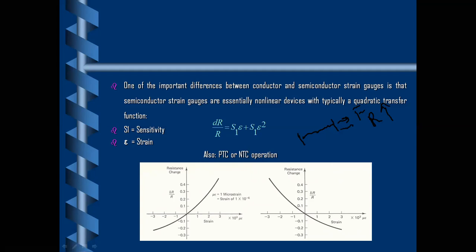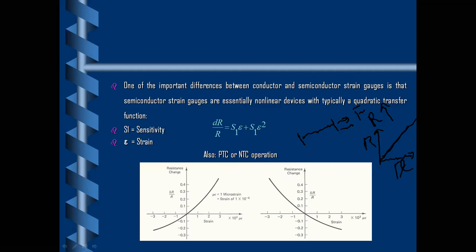Suppose I am having x and y axes. If I have applied force, my output is going to change linearly. What it indicates is that the change in resistance is going to increase linearly with change in length.